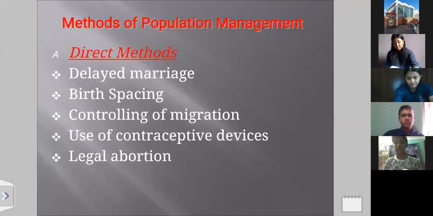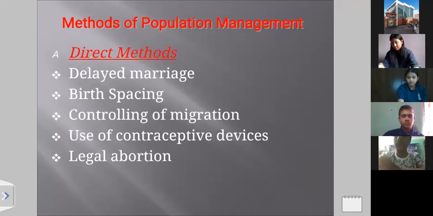Due to delay marriage, it helps to control unwanted birth, and both male and female become educated, fully understand each other, and it helps to reduce quarrels and misunderstandings among couples.